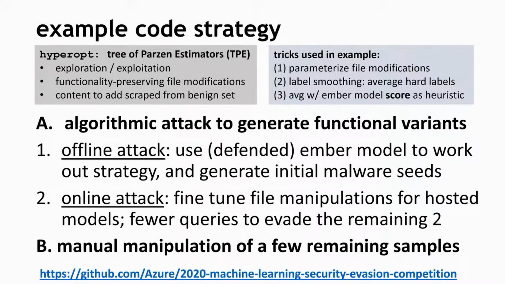We use the example code in our strategy in part A, in which we break our algorithmic attack into 2 phases: an offline attack against a known defender model for which we have code and weights, and an online attack. The hope is that many of the samples that were discovered in the offline attack will cross-evade the hosted online models without having used any additional queries against the API.